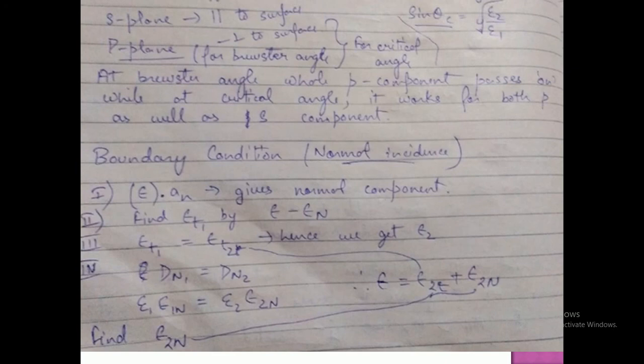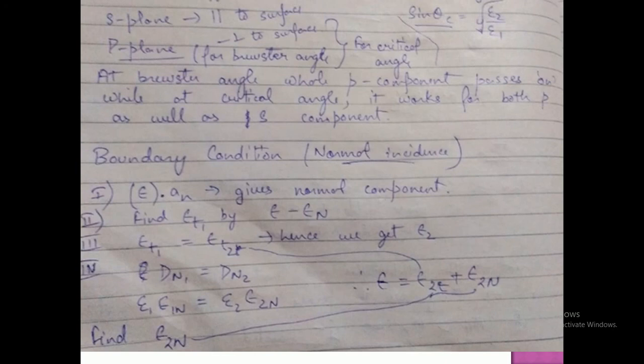We will be multiplying only the z component, because az dot az is equal to 1 and the other components are 0, so it will give us the normal component. Once we are done with the normal component, we can find the tangential component by subtracting the normal component from the equation.